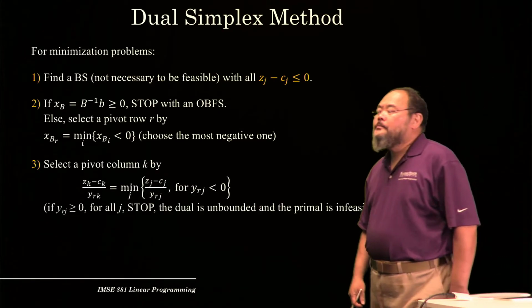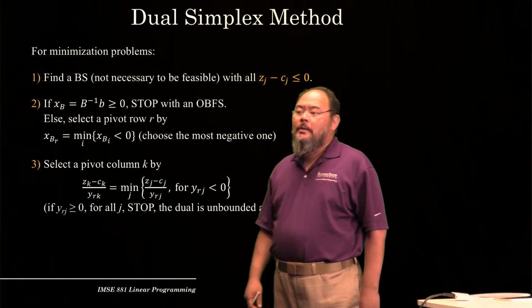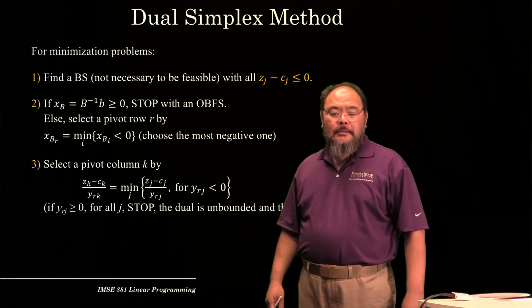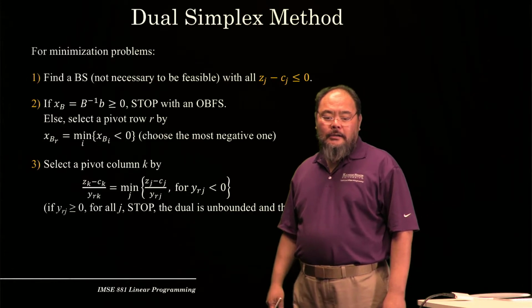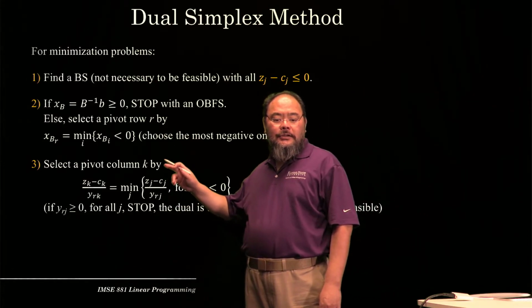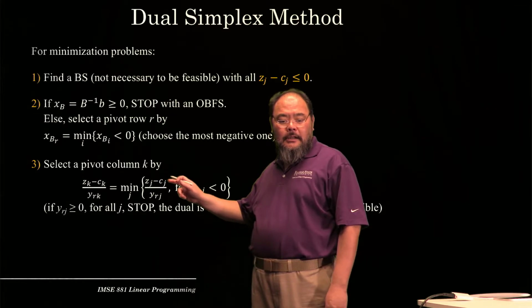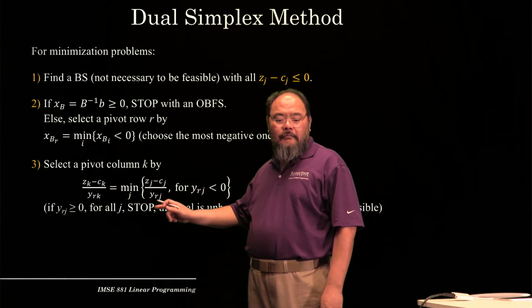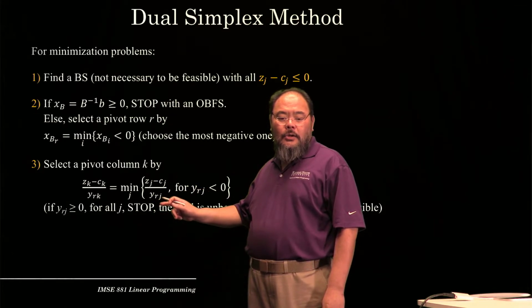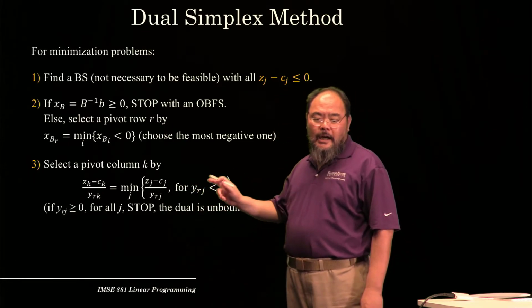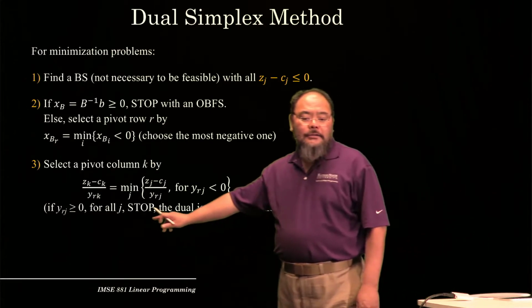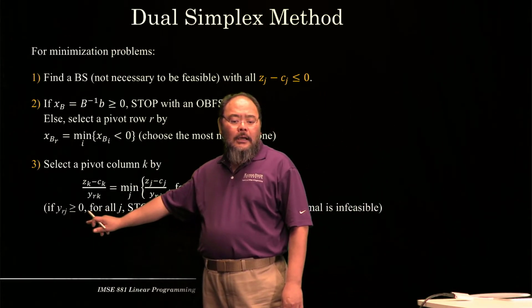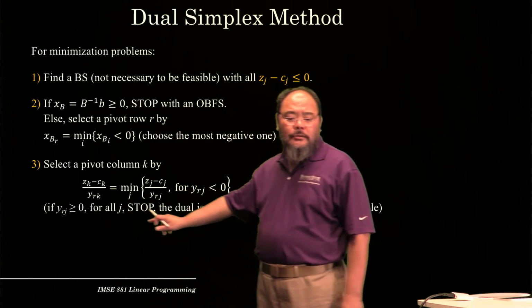Also, using a similar pivot rule, but this time with respect to the column, not the row, I use zj minus cj as a numerator divided by the yrj entries which are negative, not positive as in the primal simplex. If all the yrj are greater than or equal to 0, then we stop.